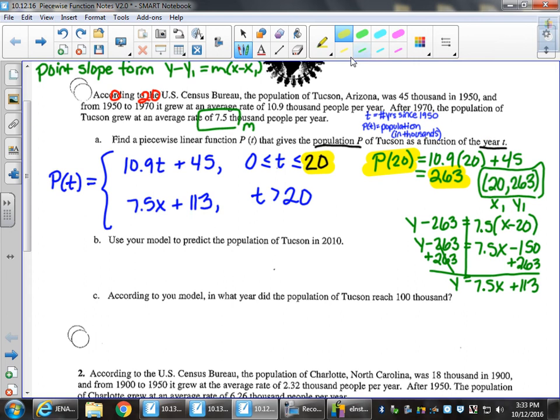That becomes the ordered pair 20, 263. This ordered pair and the slope, the rate of change of the next piece, gets substituted into point-slope form. I solve, and that will get me the expression I need for the last piece.